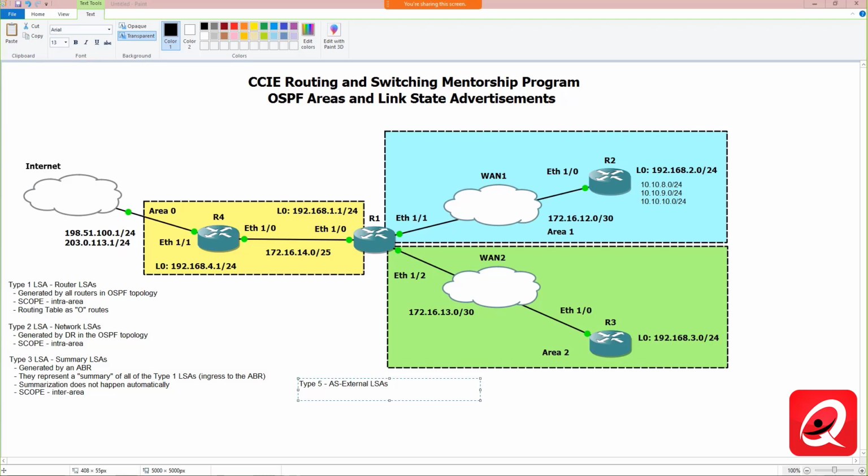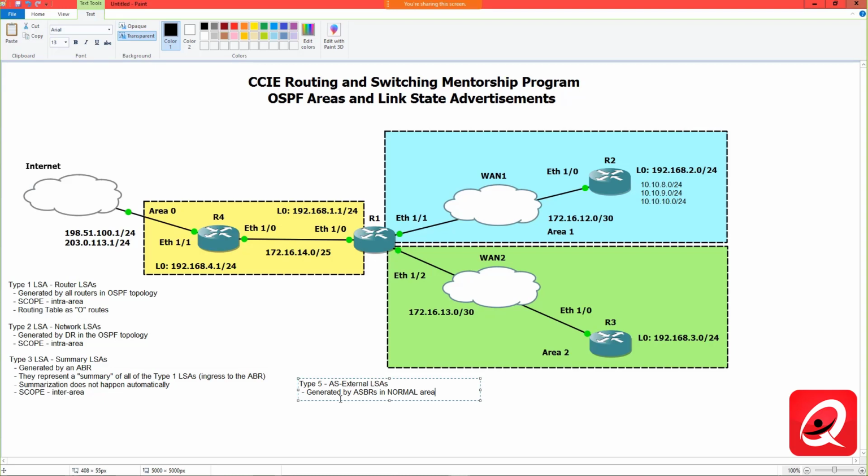These type 5 LSAs are only generated, let me actually put this down. Hold on one second, I lost my mouse here. Oh, there it is. Okay. These are going to be generated by ASBRs in normal areas.